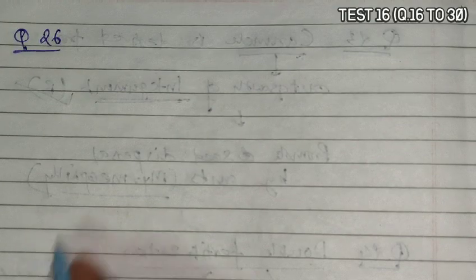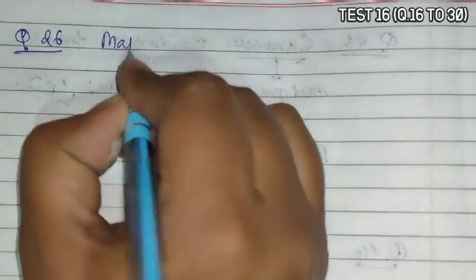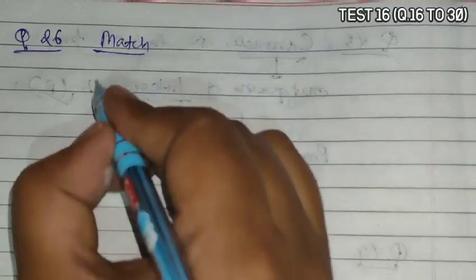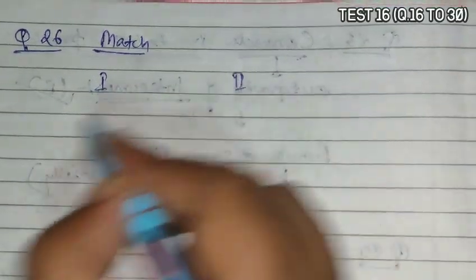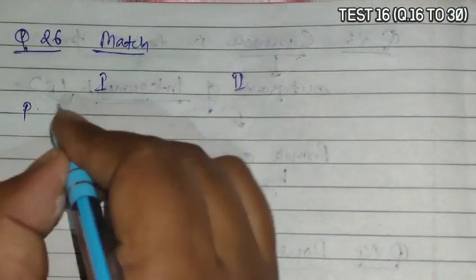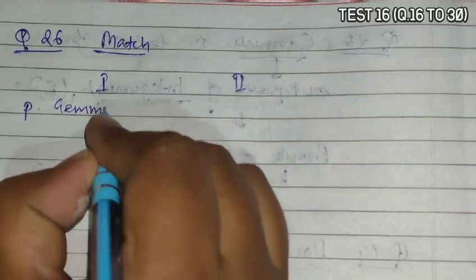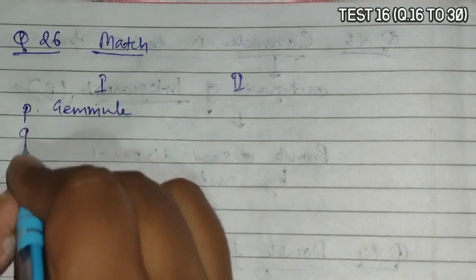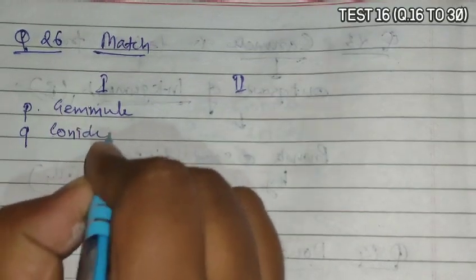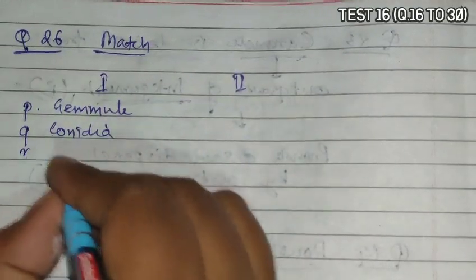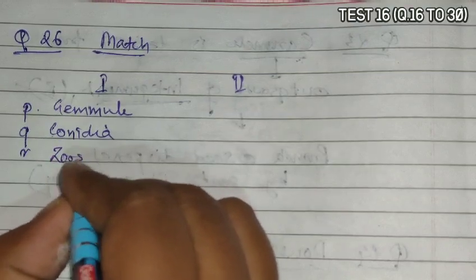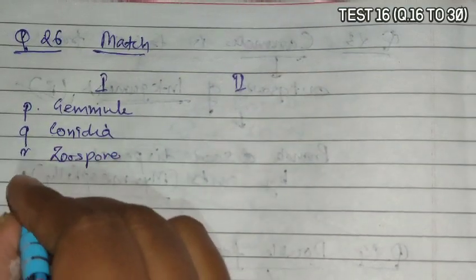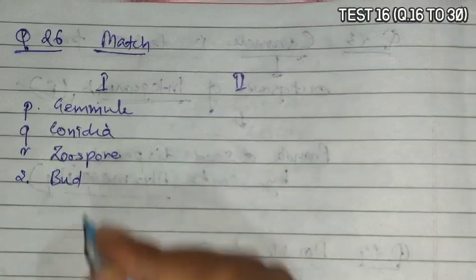Question 26 asks to match the following columns, in which column 1 and column 2 are given. Now in column 1, P is given as gemmule, Q is given as conidia, R is given as zoospore, and S is given as bud.